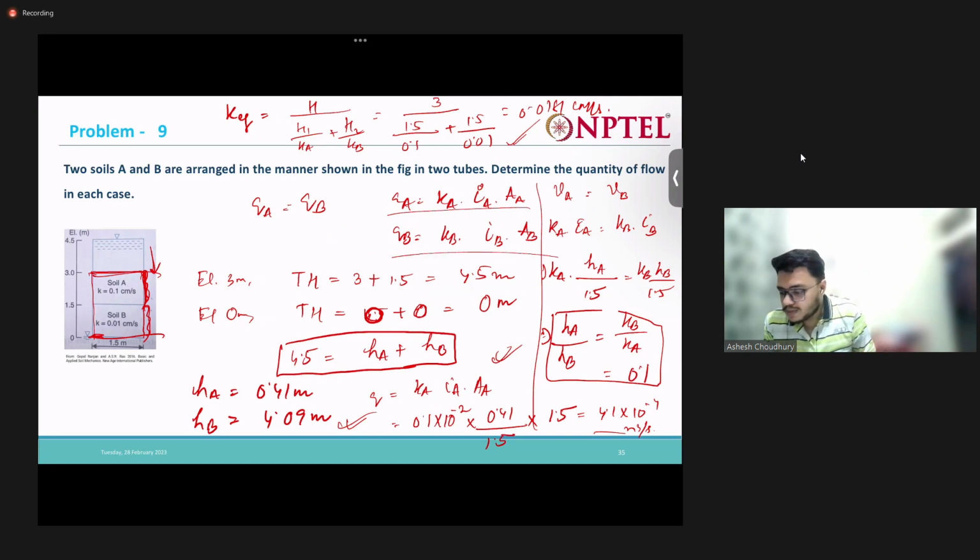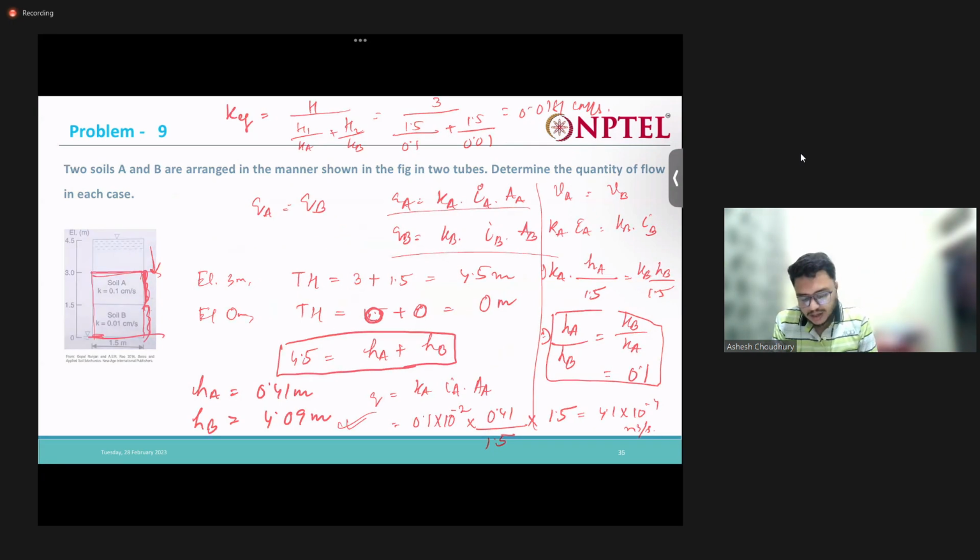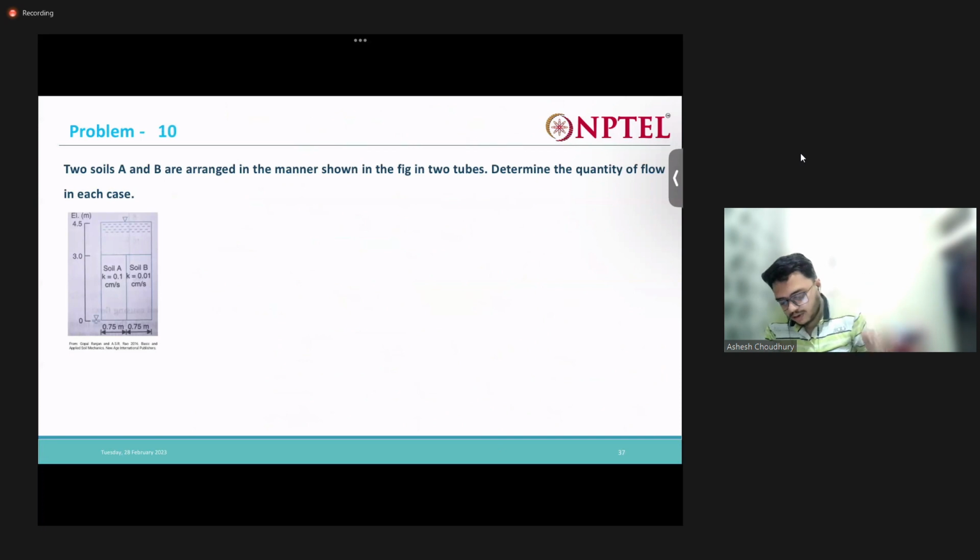Okay, similar to this, one more problem is there. So this one, let us solve. Is this a case of horizontal or vertical flow? It's a case of horizontal flow, right?